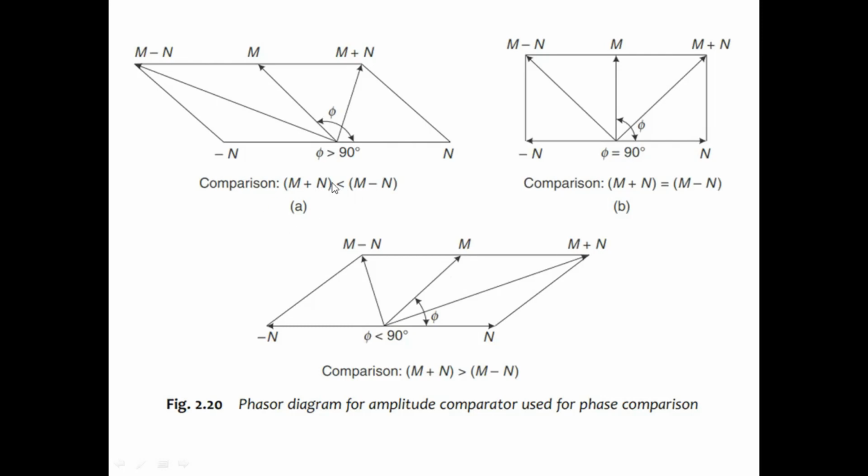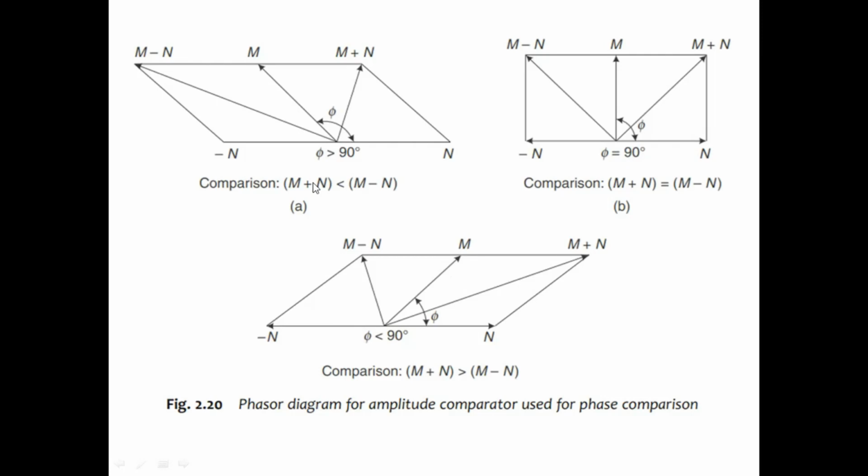It means your operating quantity is less than the restraining quantity. Here this axis is your M axis and this other axis is your N axis, and in the combination from that phasor diagram, M plus N, because your phi is greater than 90 degrees, your operating quantity is less than restraining quantity.